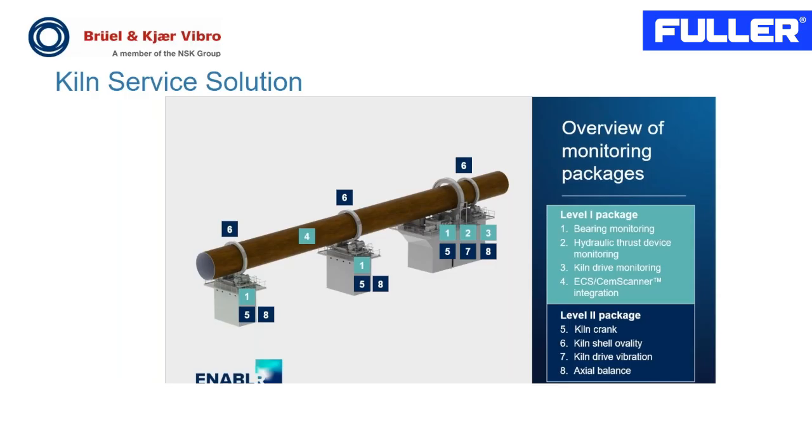We won't go into details with that, but the interesting thing here is the level 2 package. So this is the solution as referred to in this presentation, where we have the specifically developed solution that monitors kiln crank, kiln shell ovality, kiln drive vibration, and axial balance. And this is a commercial offering that's already running on several of our customers' sites.